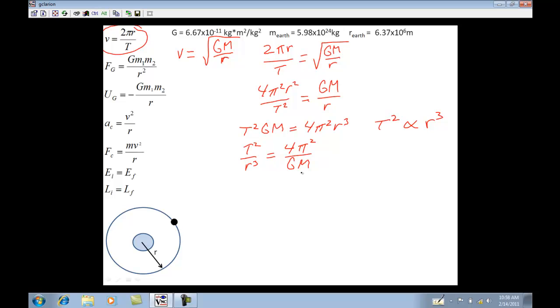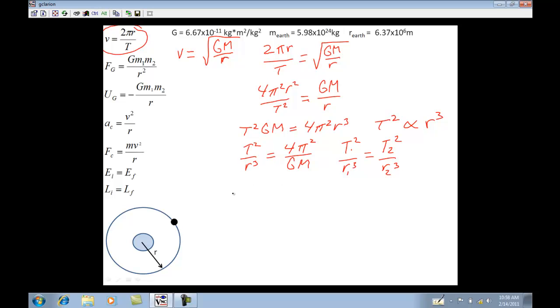Okay, so the right-hand side is once again a constant. Okay, so we can do that thing again where we can set up T1 squared over R1 cubed is equal to T2 squared over R2 cubed. All right? And so this relationship is essentially Kepler's third law.